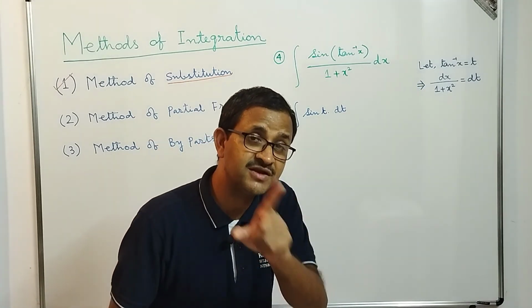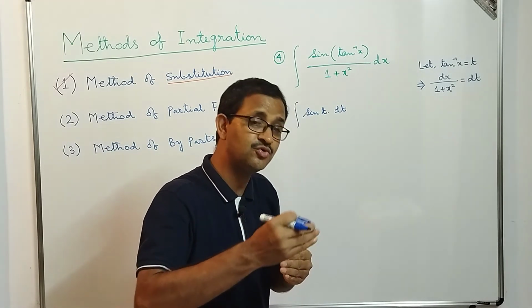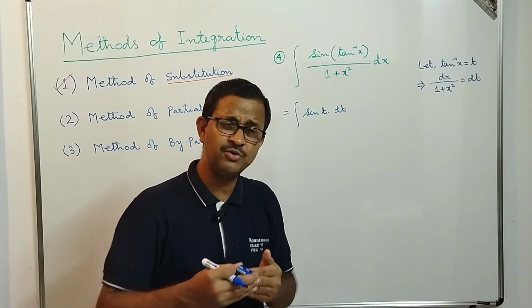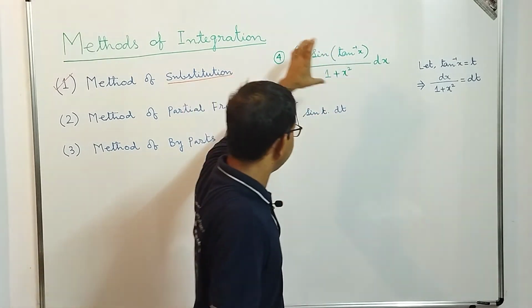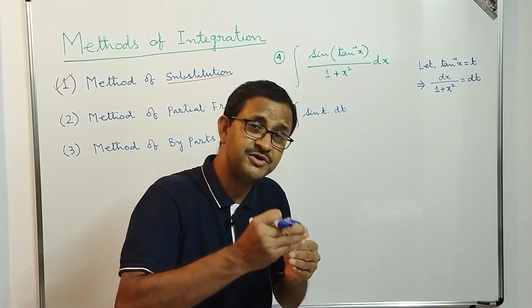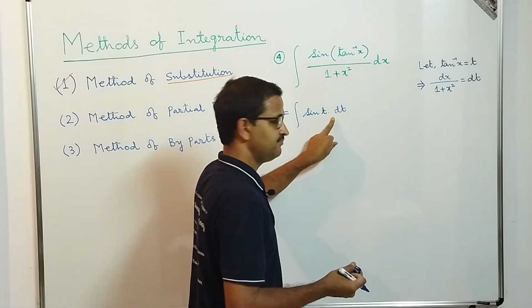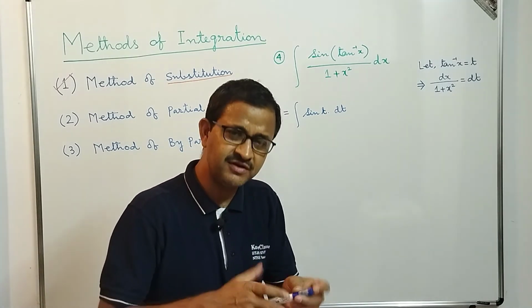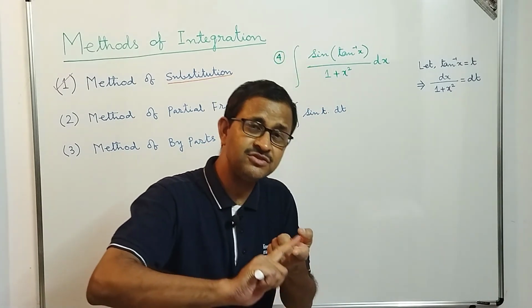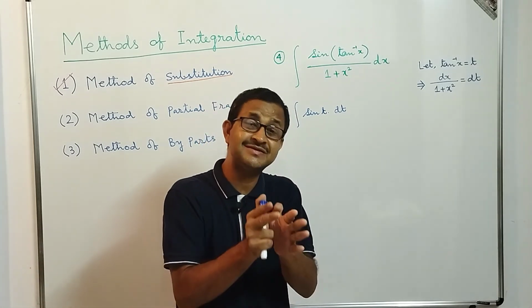I am saying effective substitution. The substitution you need to make is the one that will help you to find the integration. What does it mean to help you find the integration? Whatever the given integration is, by means of a suitable substitution, we come to an integration which is directly integrable.